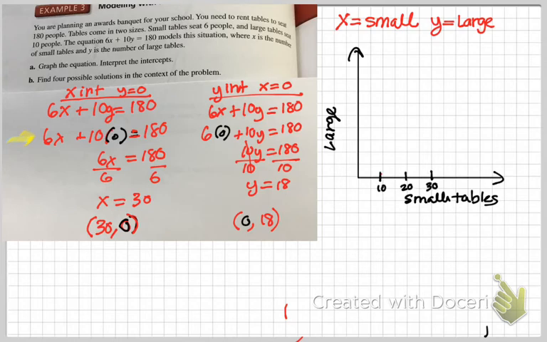For the large tables, I have to go up to 20, counting 2, 4, 6, 8, 10, 12, 14, 16. I'm going to make each of these 2. So this is 4, this is 6.